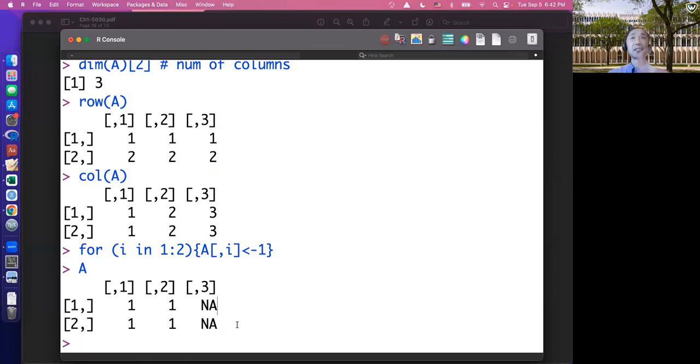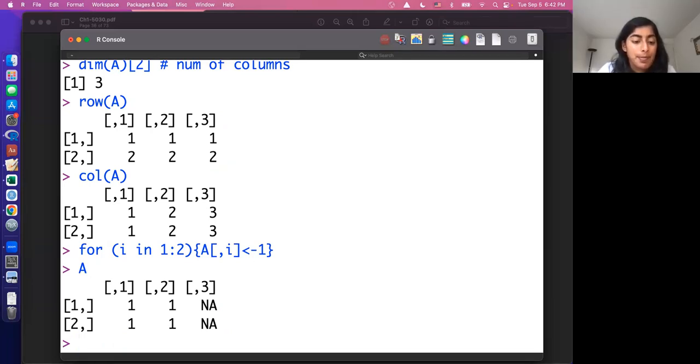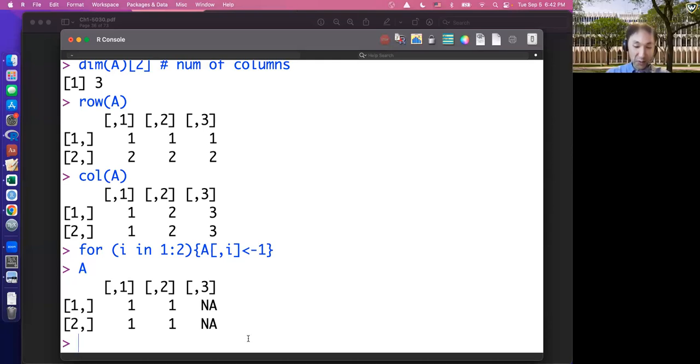So this NA matrix is a good matrix to start with, because when we see NA, we see that we haven't done anything on A. Okay, gotcha. Yeah. So usually when I create some matrix A and after that I fill out the elements, I create the NA matrix first. But that is just a matter of preference. You can make a matrix of zeros or a matrix of ones. Or maybe a matrix of 99s.